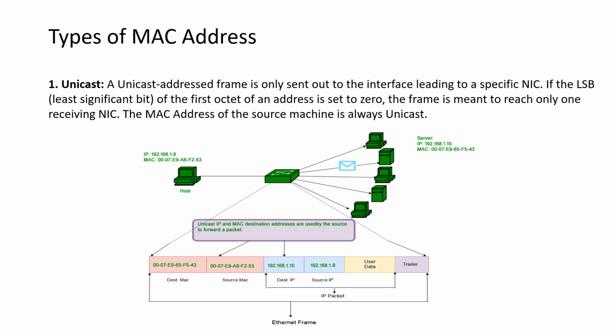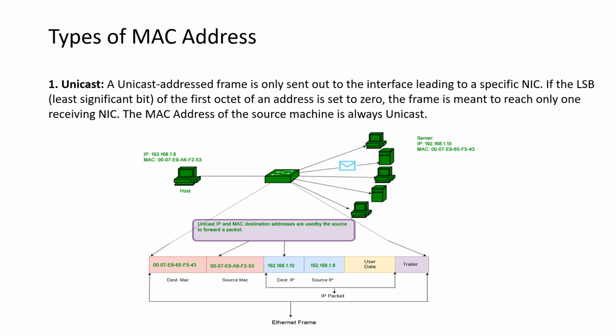If the LSB of the first byte of the destination MAC address is zero, the hub, switch, or bridge forwards the message to the specific device which has this specific MAC address.